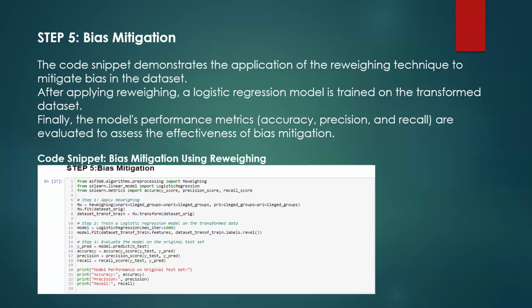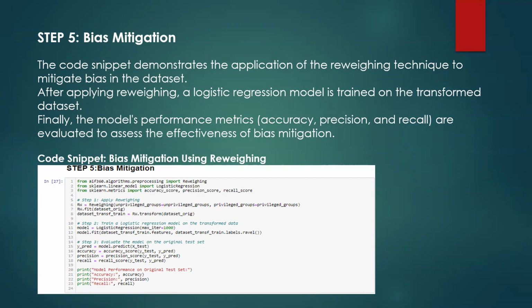Whereas coming to the fifth step, which is bias mitigation, here the code snippet defines the application of the reweighing technique to mitigate bias in the dataset. After applying the reweighing, a logistic regression model is trained on the transformed data.